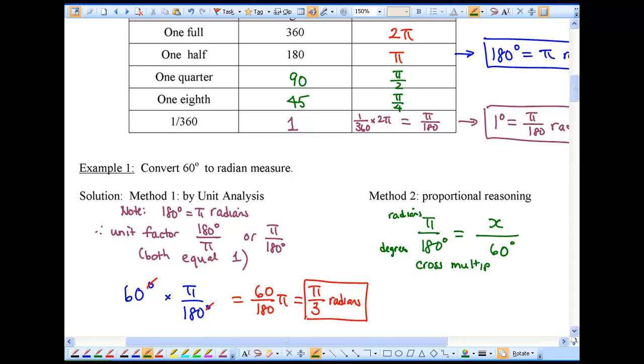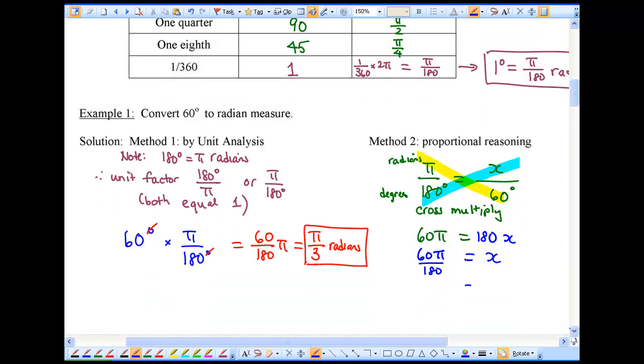So I will show you how to cross multiply. Of course, cross multiply means you take these and multiply them together. So I get 60 pi on one side, and then I get 180x on the other. I want you to solve for x, so 60 pi over 180, and of course that's the same thing as pi over 3. Same answer.